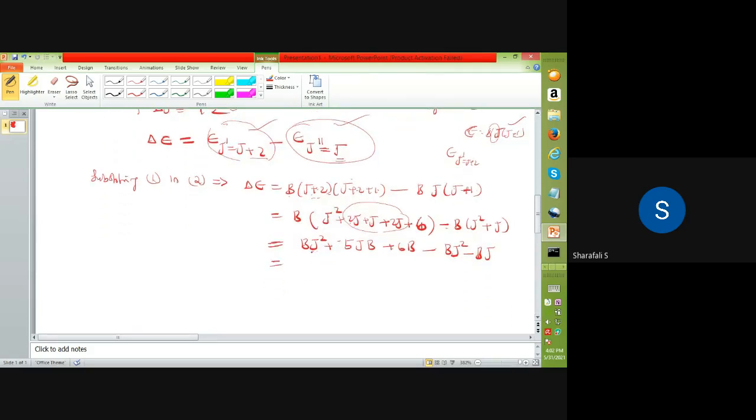This bj square is here, so this bj square can cancel. 5jb here, here we have 1jb, so this will become 4jb. And plus 6 will come. You take that b constant, and b into 4j plus 6. So this is your expression for delta epsilon.